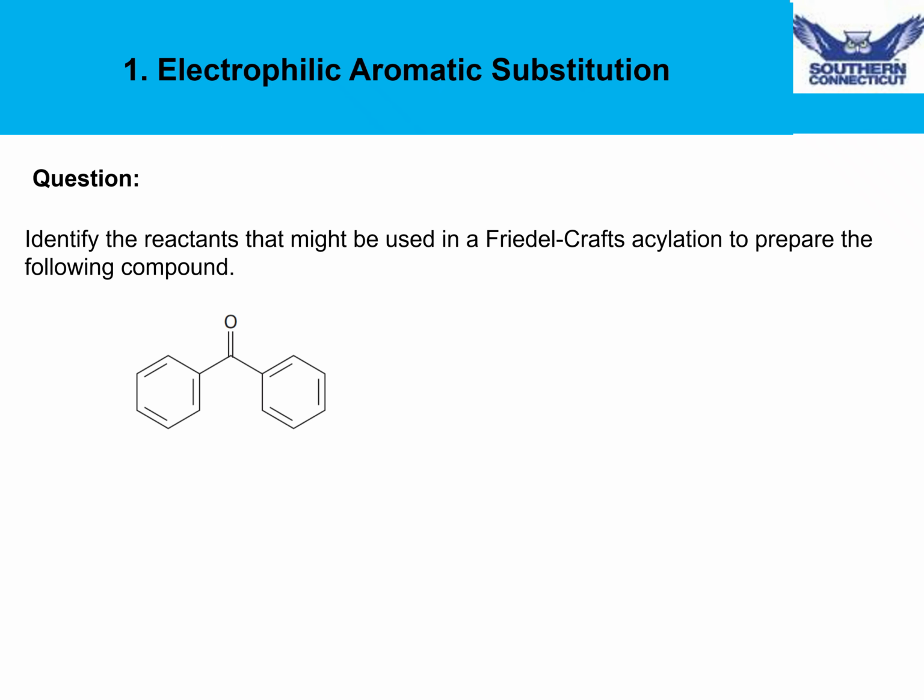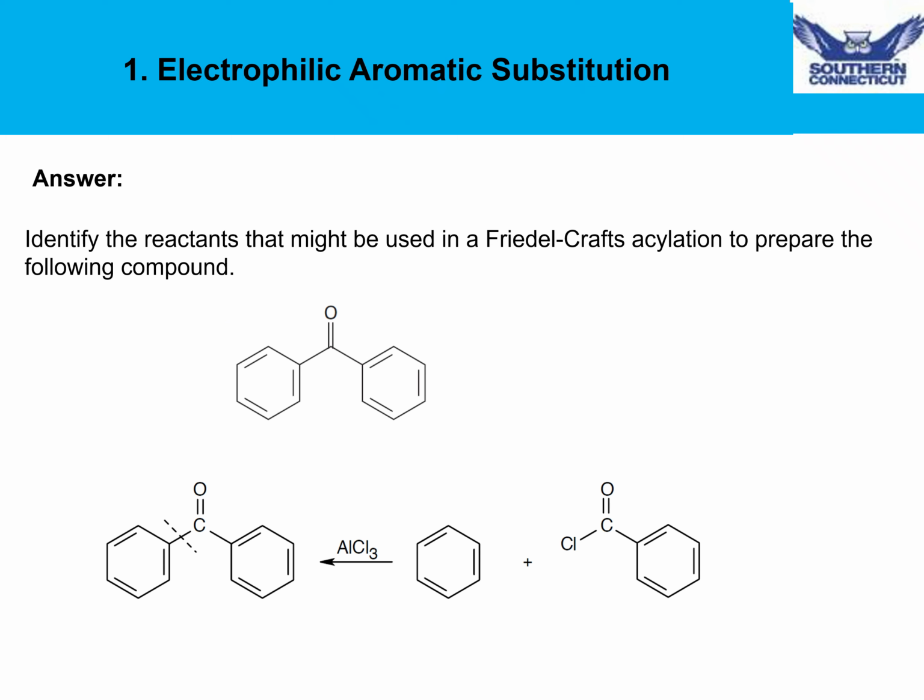In this question, we want to identify the reactants in the Friedel-Crafts acylation reaction that will lead to this ketone. In a Friedel-Crafts acylation reaction, we generally react a benzene or other aromatic ring with an acid chloride to form a ketone.